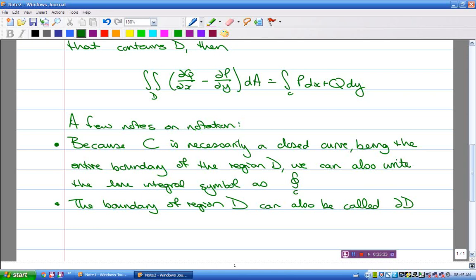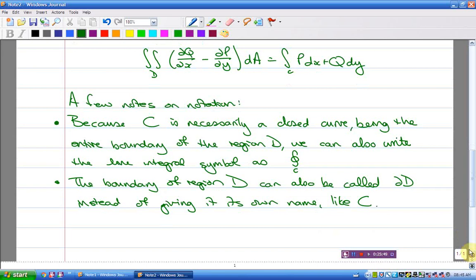If you've got a region and you want to talk about the boundary of that region, you can just put that little curly d in front of it, and it means the boundary of the region. And that way you don't need to give the boundary of the region its own name, like C. So you might come across that notation somewhere.